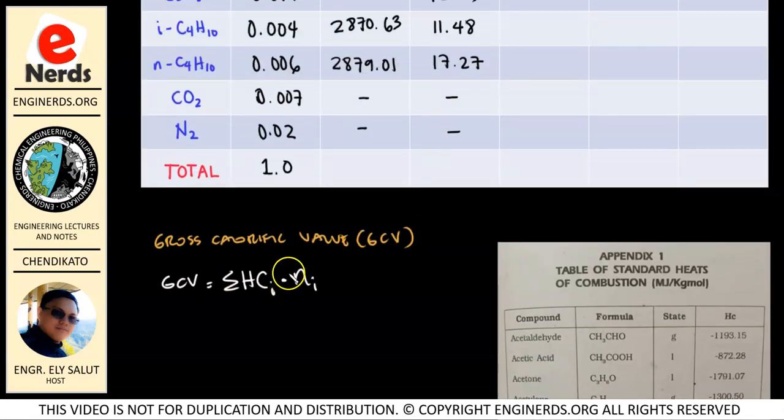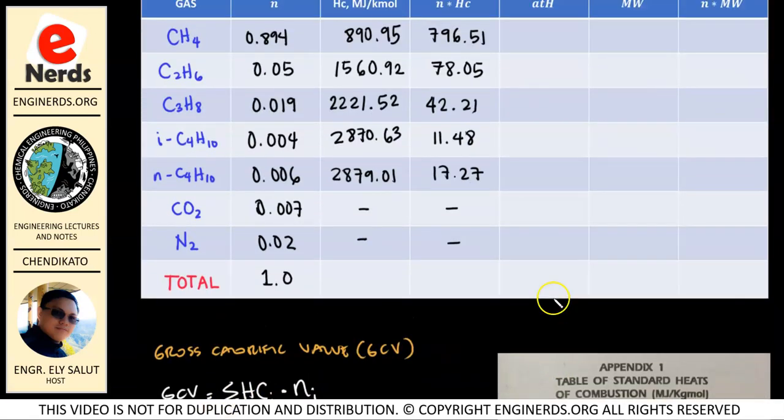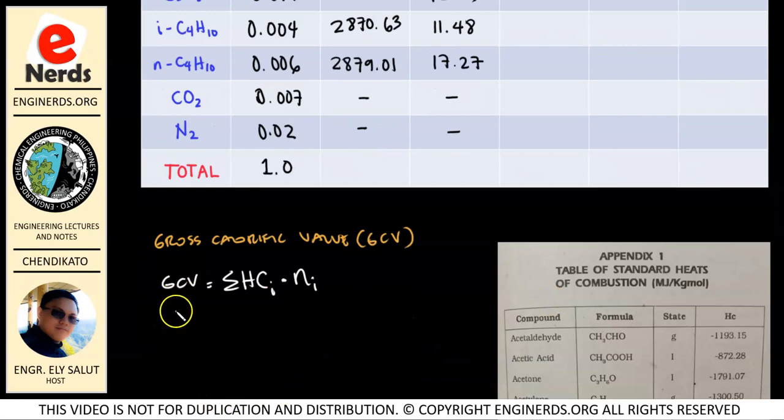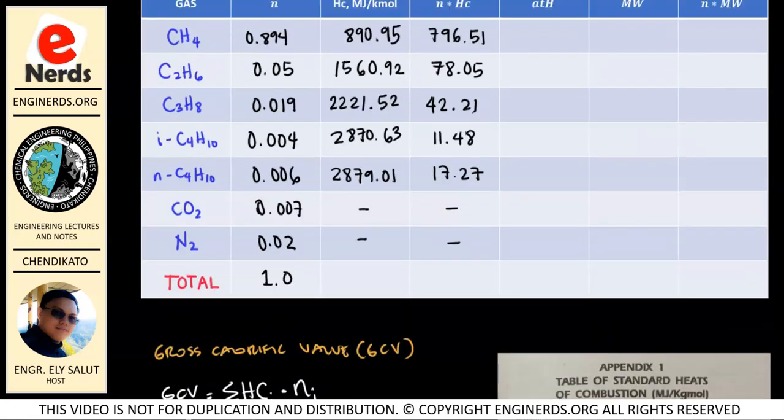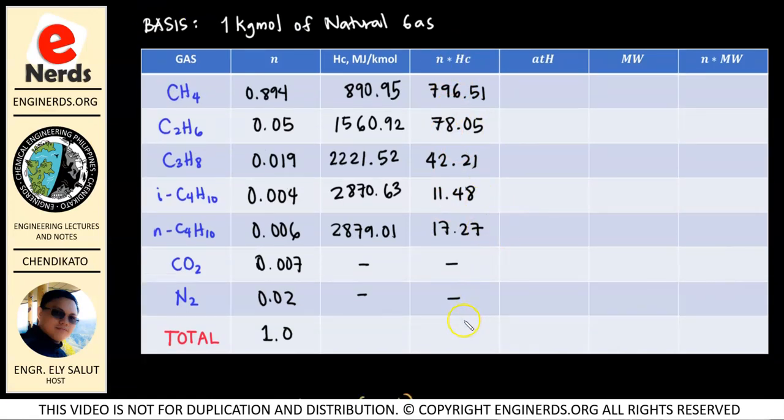So that means, since nakuha na natin, itong product ng ating HC and N, this is the one that we are talking about. Kapag nakuha natin yung summation niyan, that will be our gross calorific value. So that means, nasagutan na kagad natin yung A. It is the gross calorific value. Okay? So, let us add itong mga values natin ng N times HC.